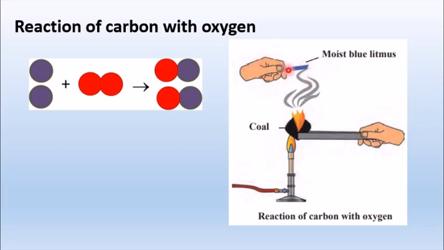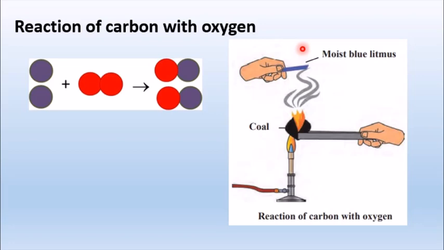So what happens is, as carbon dioxide is formed, when it combines with this moist paper, as it is moist, it has water in it. So that means it has hydrogen and oxygen also in it. So what is formed is carbonic acid. Because of the carbonic acid, this blue litmus paper turns red.